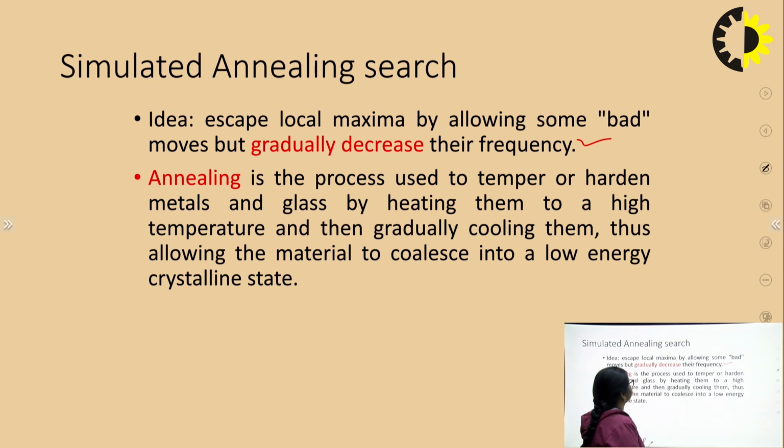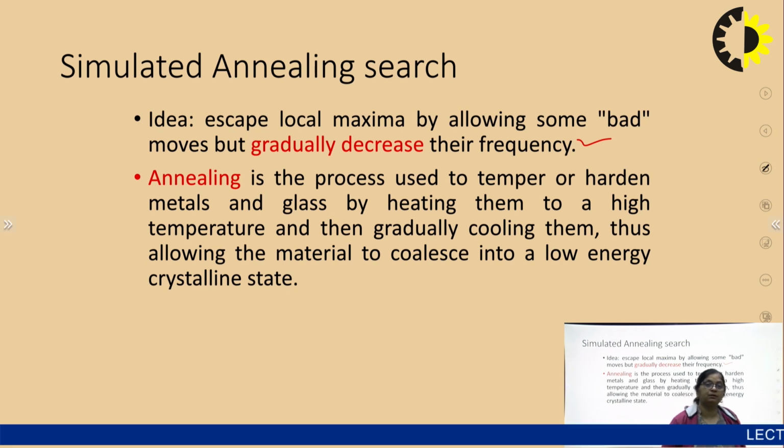So this allows taking bad moves so that the problem of local maxima can be solved. It says that initially we have to try to reach the vicinity of the global maxima, so take the bad moves initially and then decrease them gradually. The frequency of jumping to bad moves could be allowed more in the starting than at the end, because at the end we need a solution. We have to get convergence towards the solution.